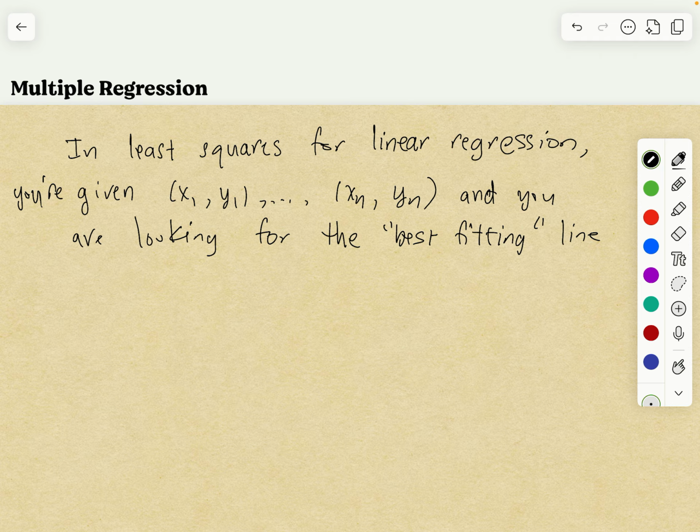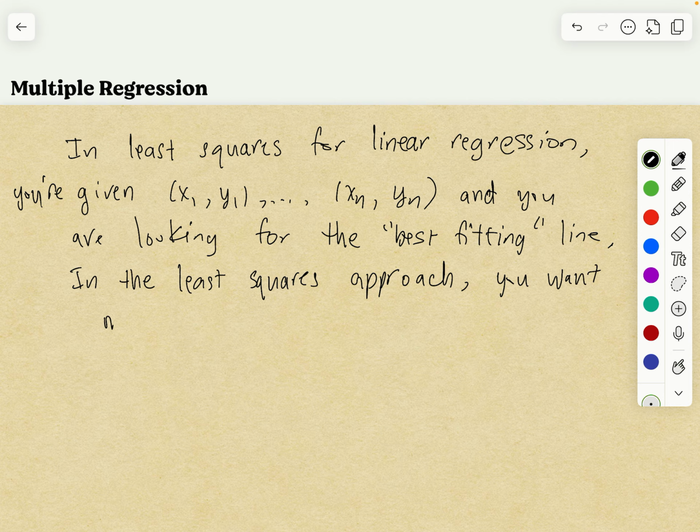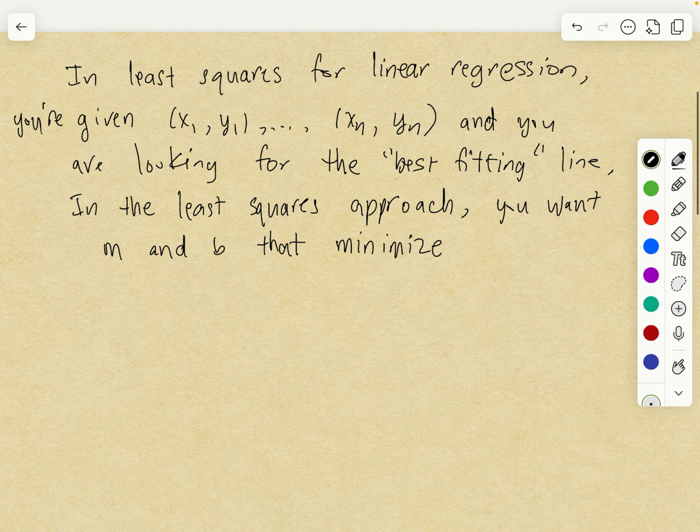And in the least squares approach, what you're looking for is m and b, your slope and the y-intercept, that minimize the sum of the squares of the residuals.